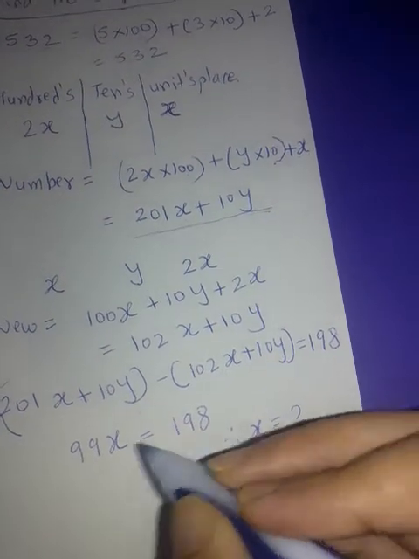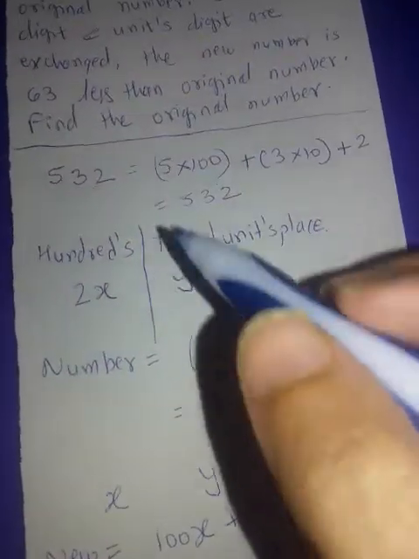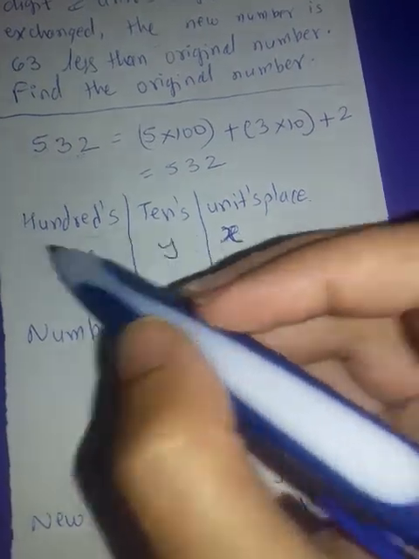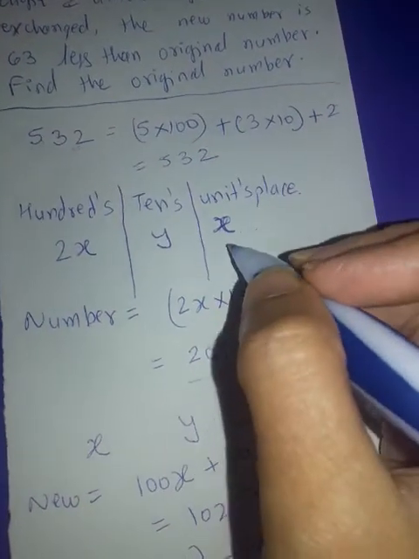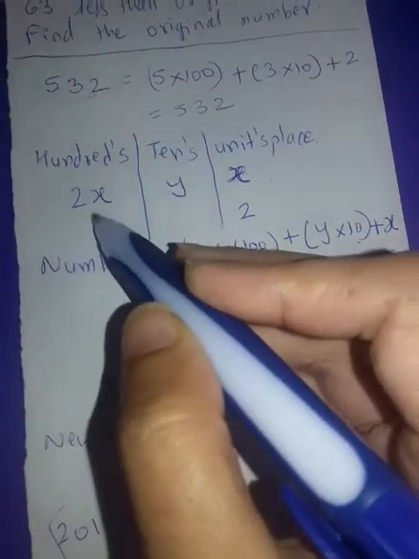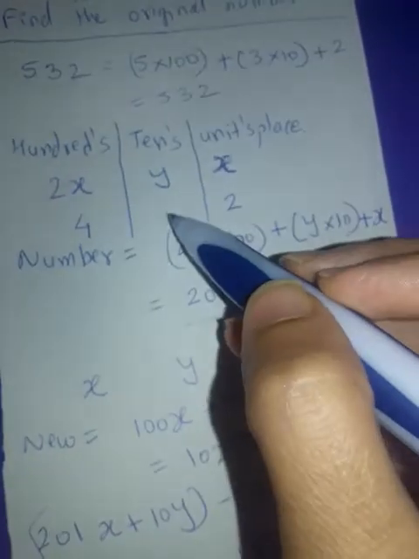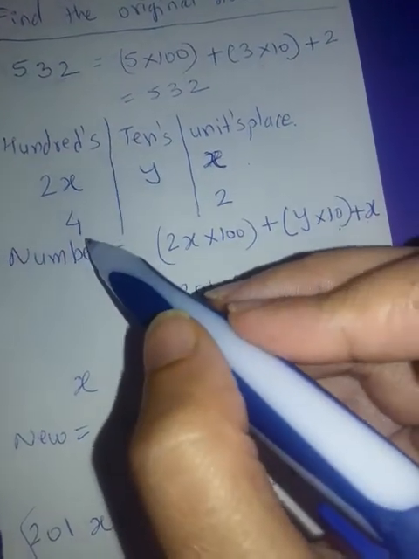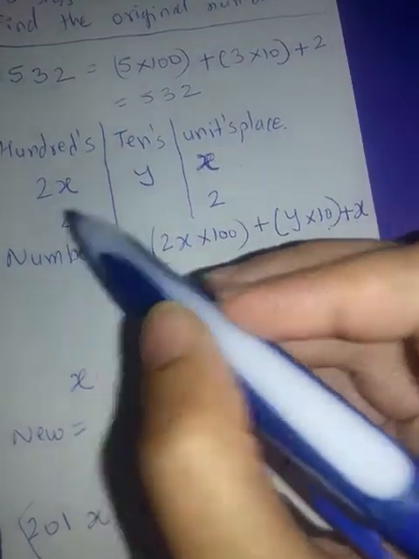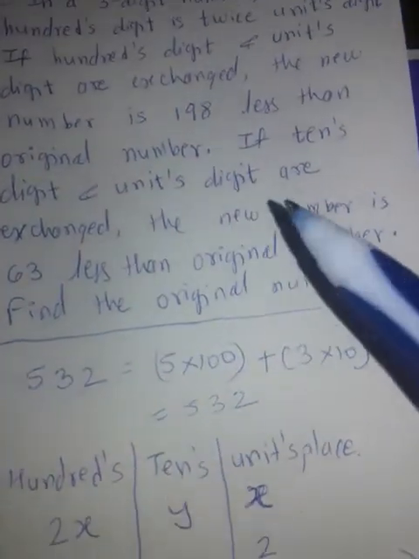X is 2. 198 divided by 99, that is 2. So you already have your units place and hundreds place. Getting it? In original number, units place is 2. So this is 2. Hundreds place is 2x. So 4. Tens place we don't know. So the number is 4 something 2. Are you getting it? Now for finding this y, we need one more relation.